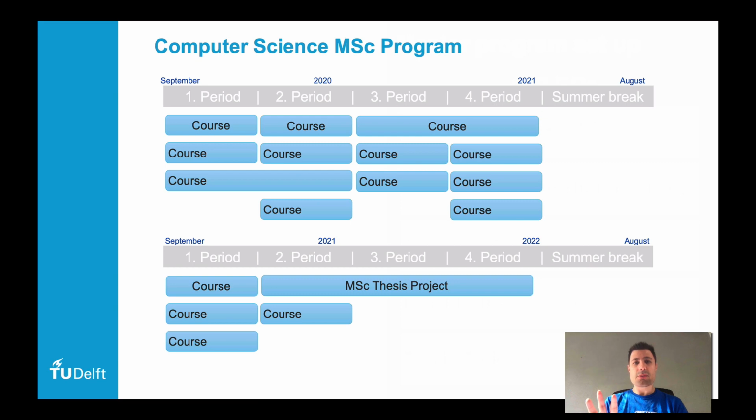So this is the overall picture, 5 quarters of courses, and within those courses all the common core courses and computer science and free electives, of course, everything should fit in there, and then your master thesis in the 3 last quarters of your master's program. Okay?